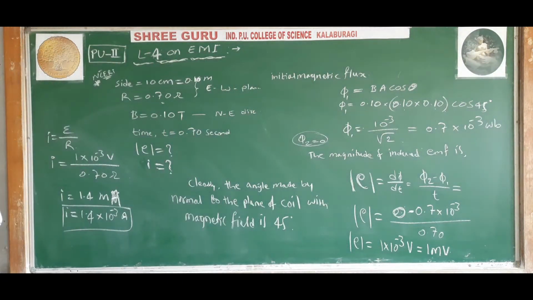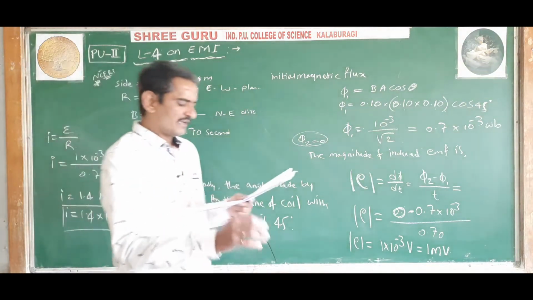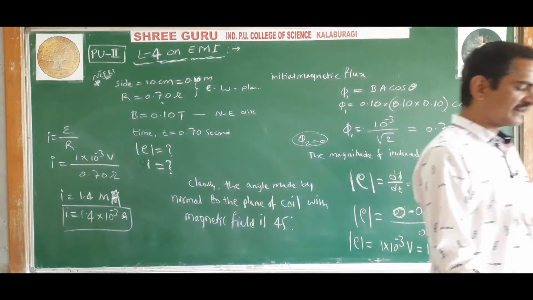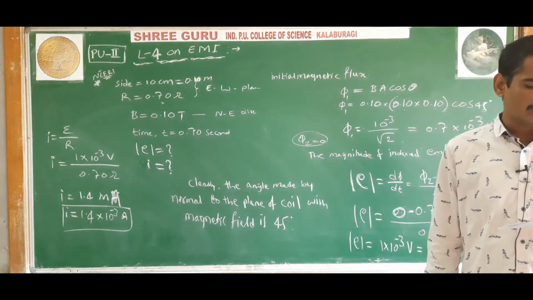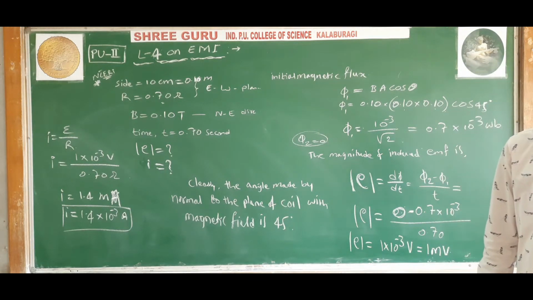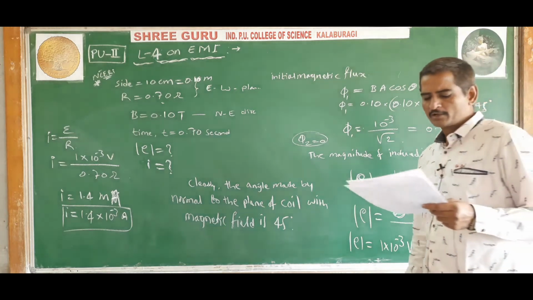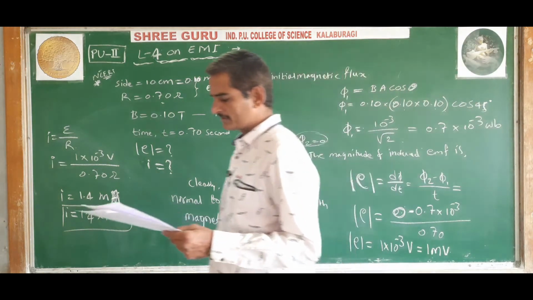Once again I will repeat the complete sentence. A circular coil of radius 10 centimeter, 500 turns and resistance 2 ohm is placed with its plane perpendicular to the horizontal component of the Earth's magnetic field.